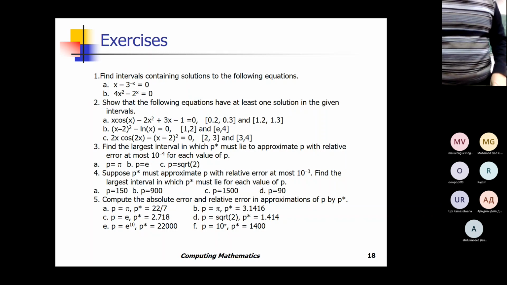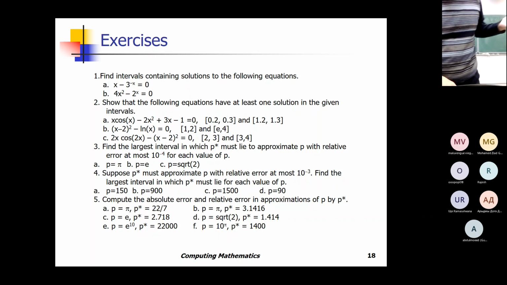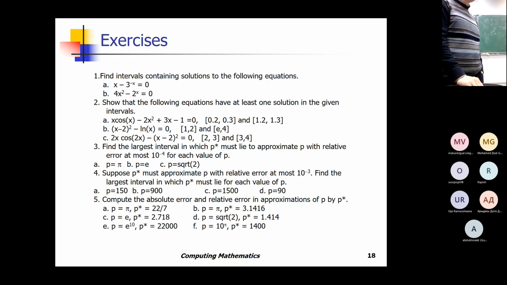Can you guess what is the idea? How to find the interval that contains the solution of this equation? At least rewrite the equation and say, for example, that x will be equal to 3 power minus x, and try to guess the equal value.